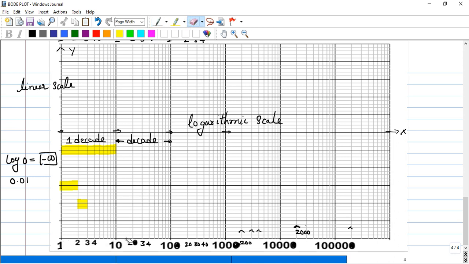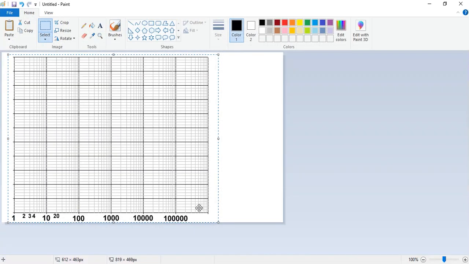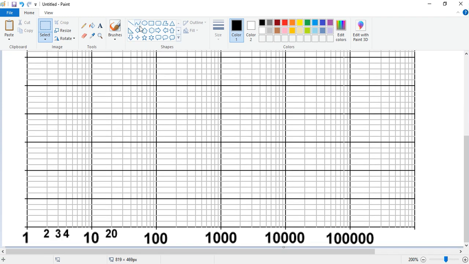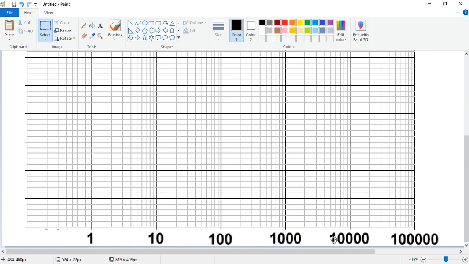So let me take you to the paint. Here it is a lot easier for me. What I will do, let me delete these values, and I will just move this particular set of values in such a way that I can start with 0.1.